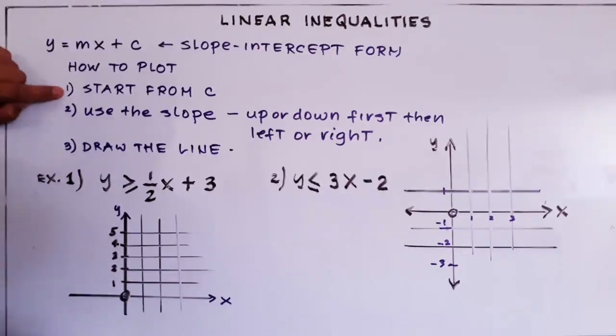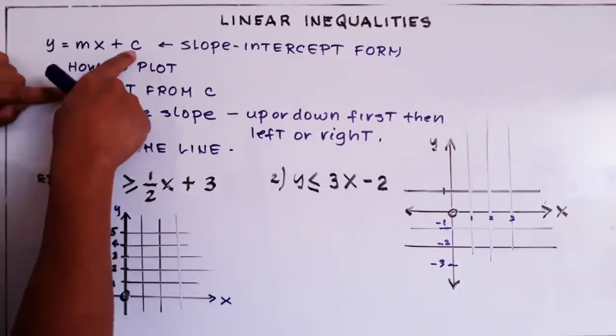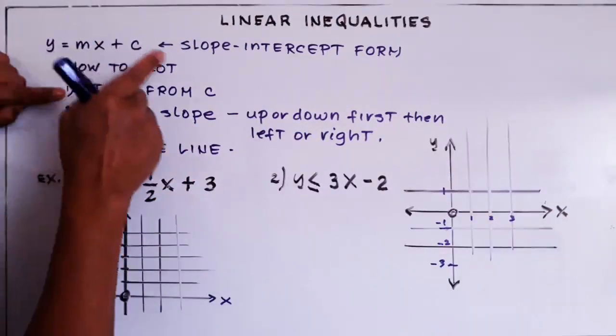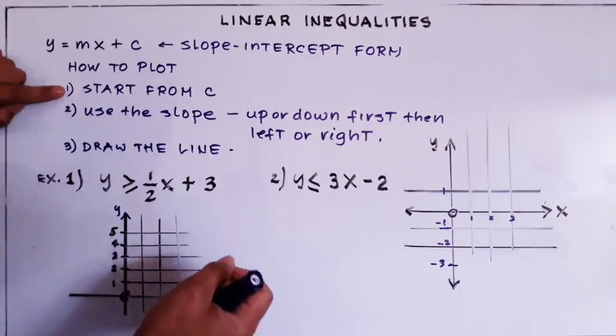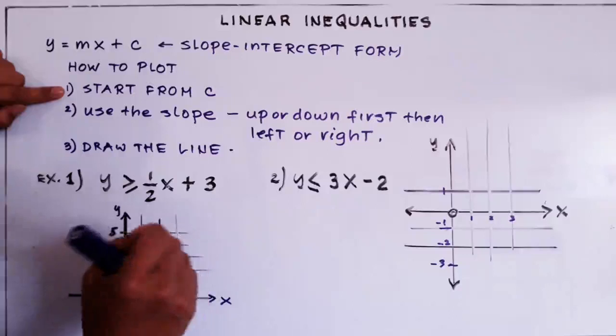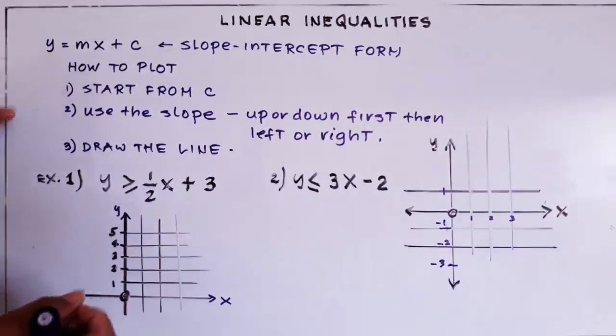We start from C. You get the value of that number only, without any x, a number. If there is no number there, then C is equal to 0.